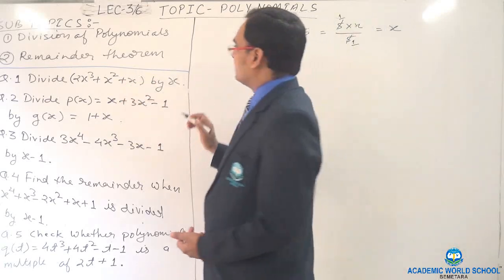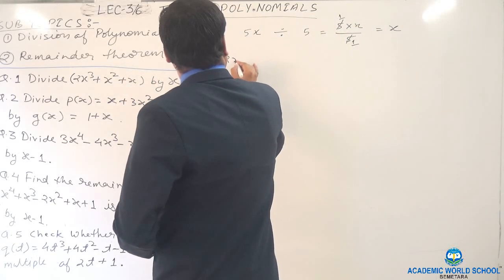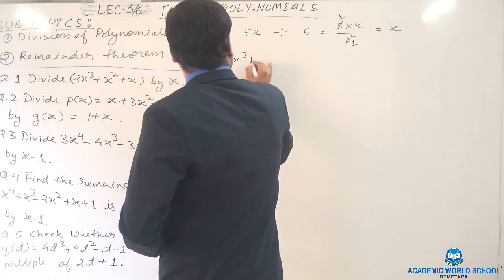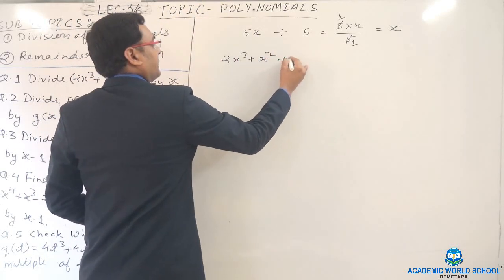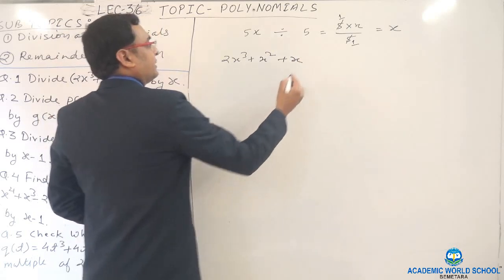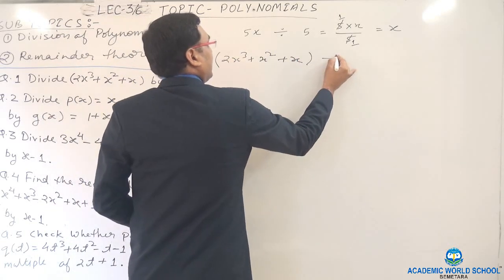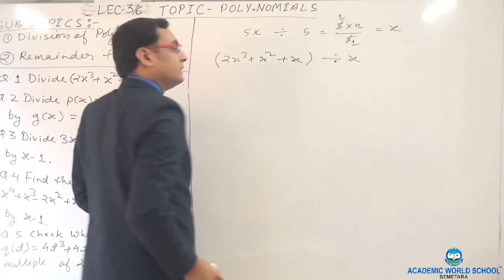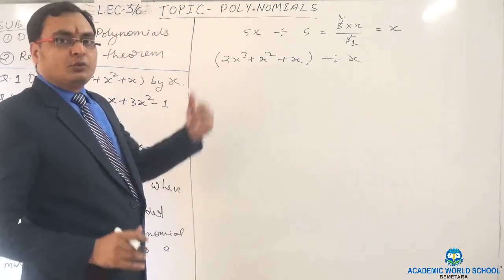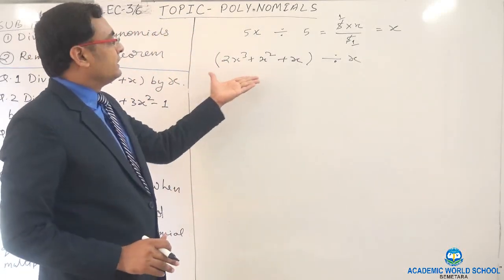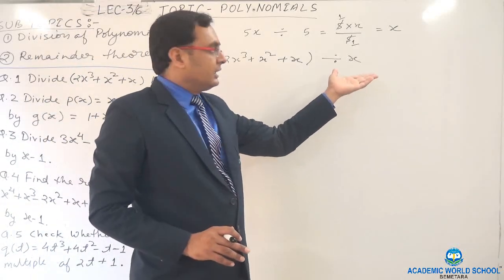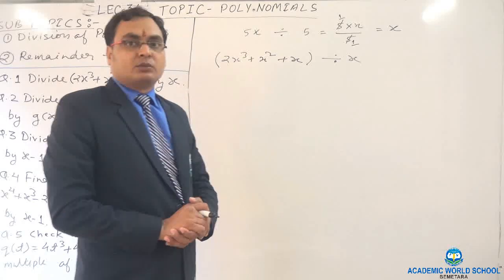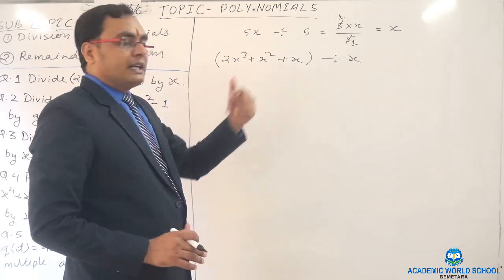This is a cubic polynomial with 3 terms, and this is a linear polynomial and monomial actually, 1 term only. Easily we can divide this.